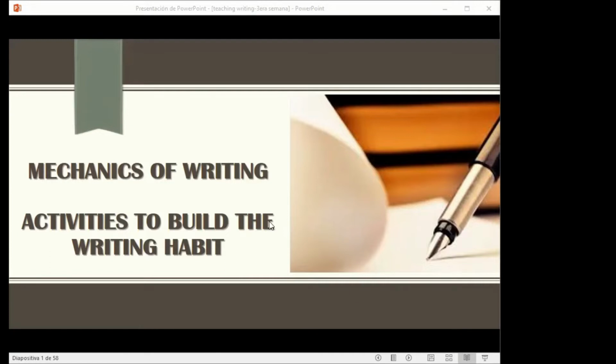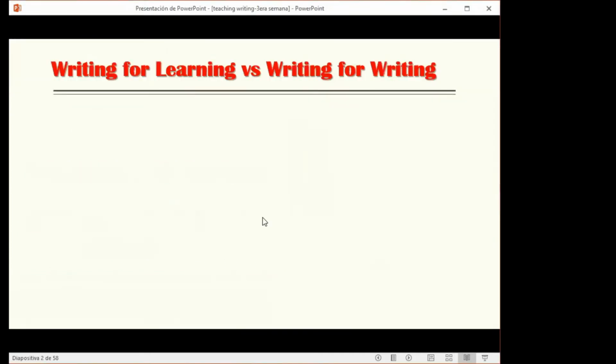So let's start. As I told you before, we have these two ways of writing, writing for learning and writing for writing. Can anybody tell me briefly what the difference between these two is? Any volunteer?